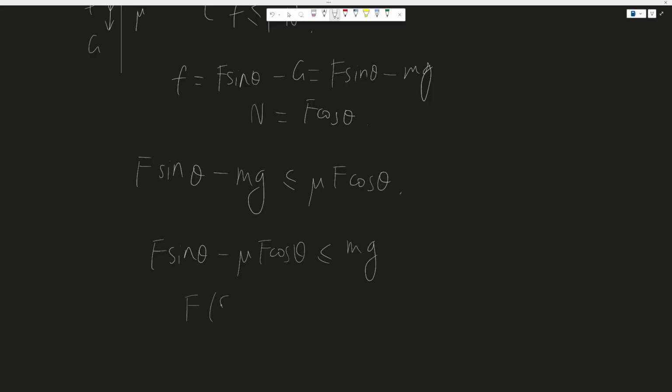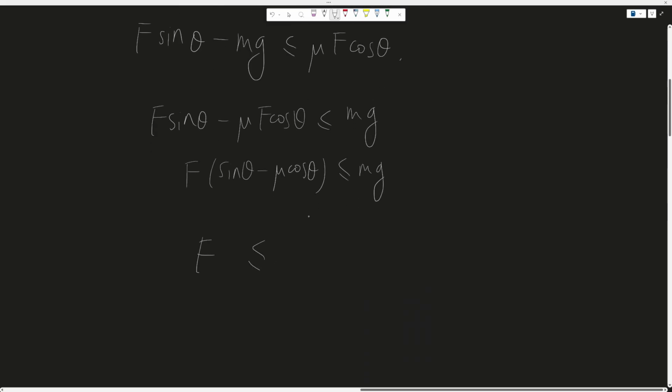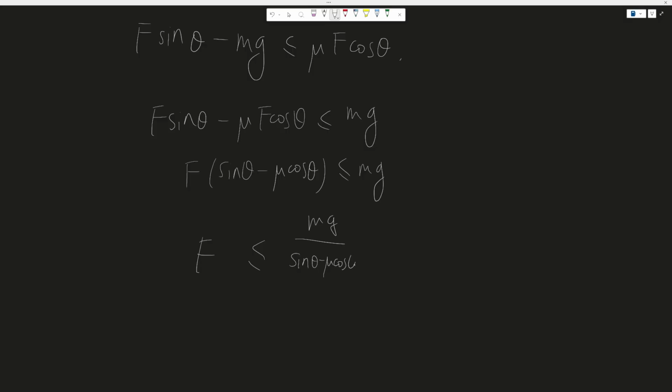And so we bring the F out: F times sine theta minus mu cosine theta needs to be smaller or equal to mg. So then F needs to be smaller or equal to mg over sine theta minus mu cosine theta. And so that is our upper bound, the maximum allowable force.